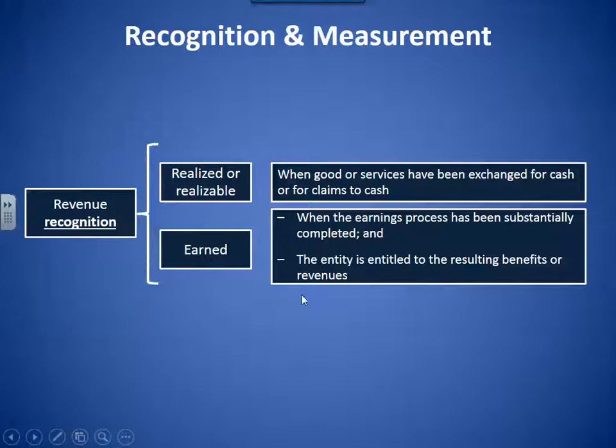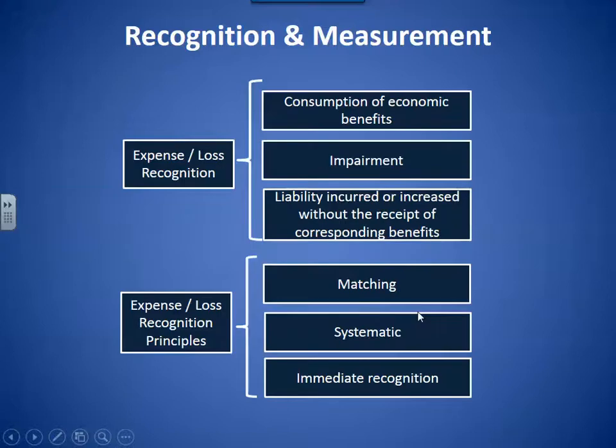These don't really work in line with these conceptual framework terms, but they had occurred. These types of accounting occurred prior to the conceptual framework, and we'll talk about that as we encounter them.